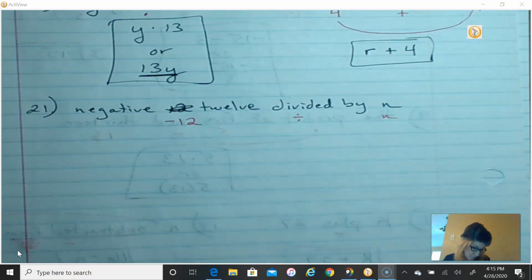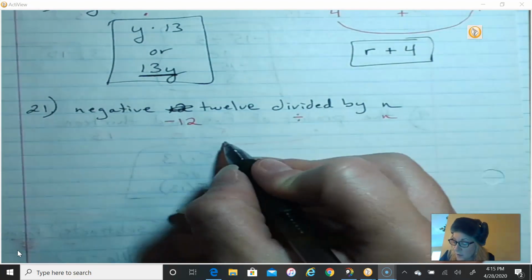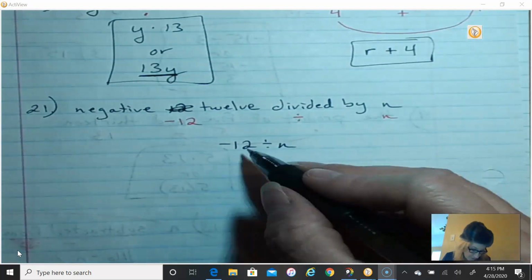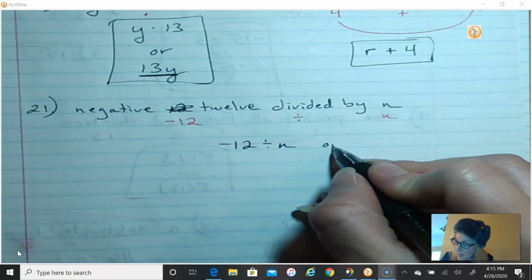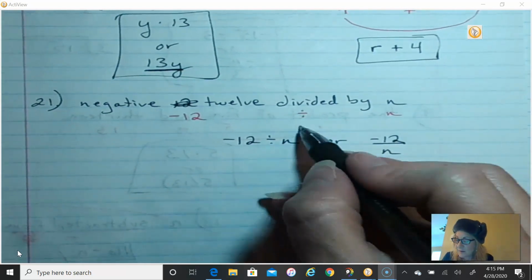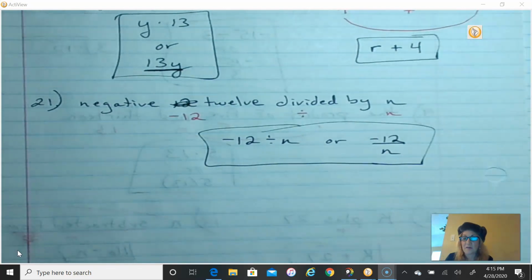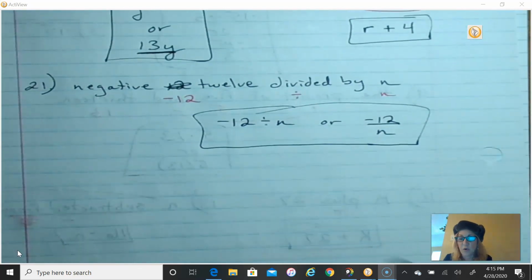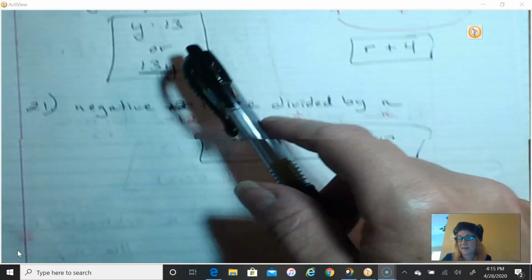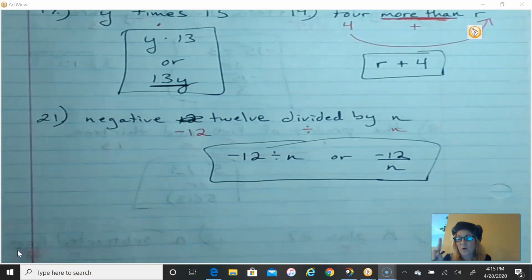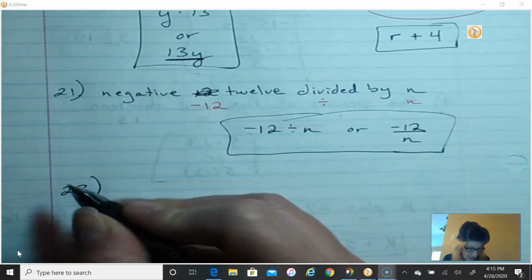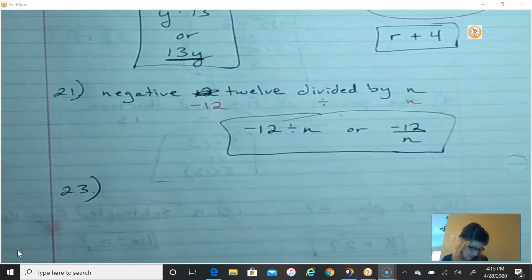So you could write it multiple ways. You could do negative 12 divided by n. Your book doesn't have it written like this. They have it like this. But either one's correct. Now for your homework, just choose one way. You don't have to choose all the possible ways and put or this and or that. Just show me one way of doing it and you're good to go, just as long as I know you understand this.